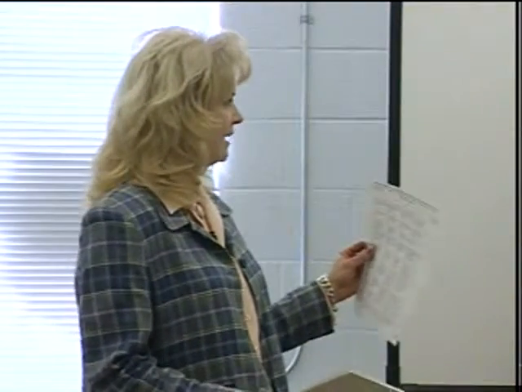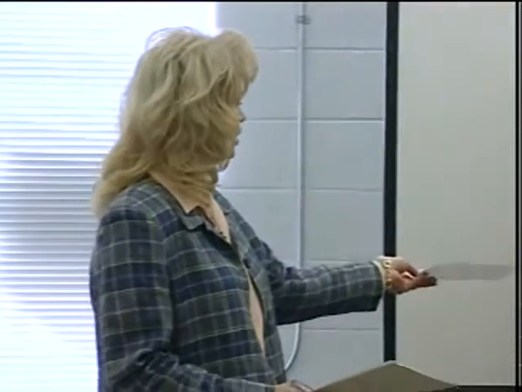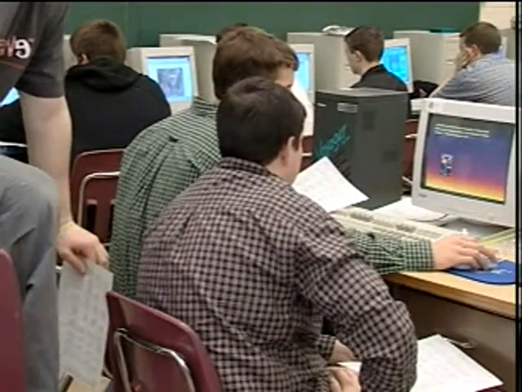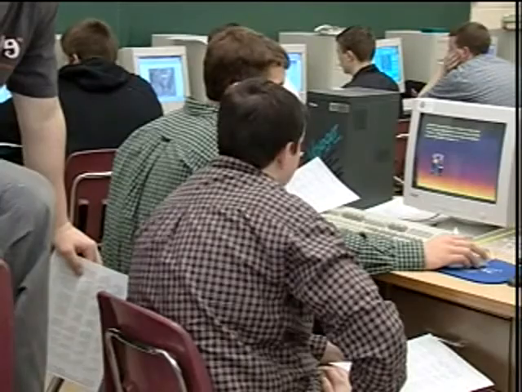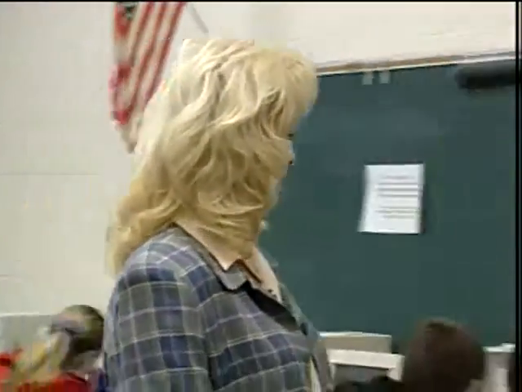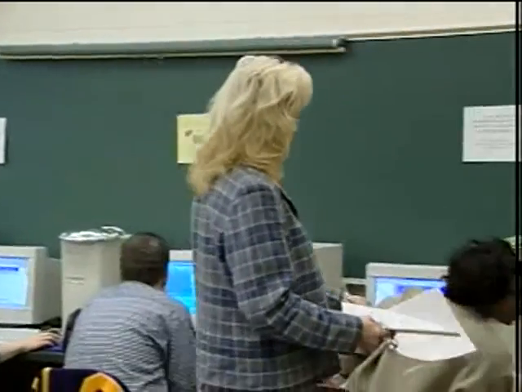And then on the back, there's room for comments and a grading scale. Take a look at this. You will use this to evaluate yourselves, and I will allow you to evaluate one another's presentations. And I will also evaluate you using this rubric.